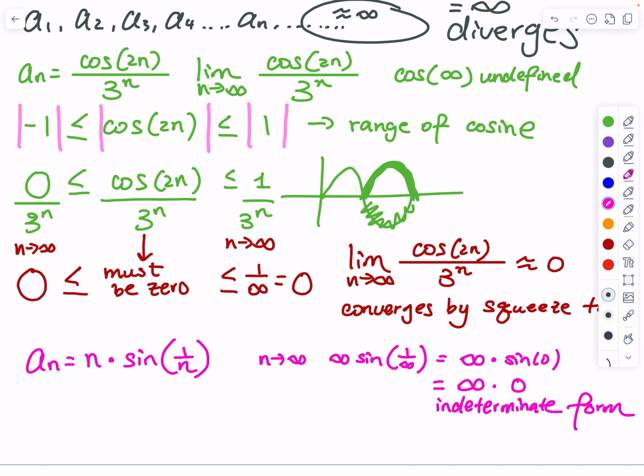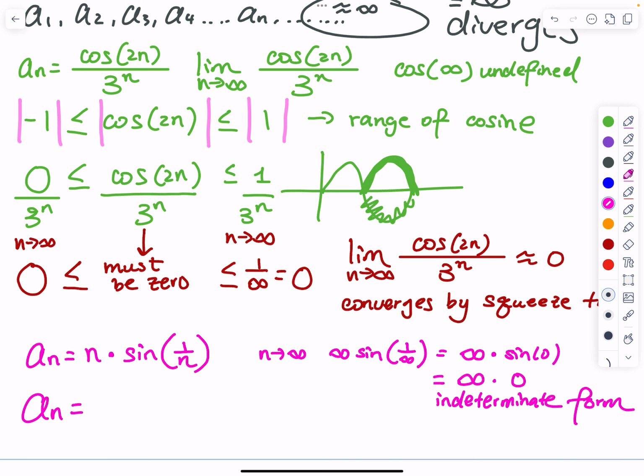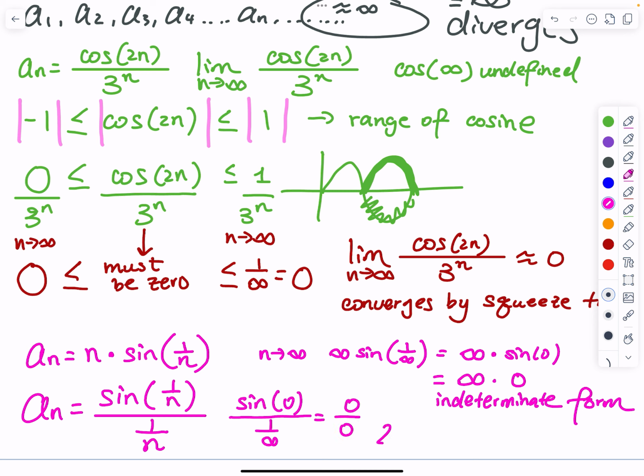We cannot use L'Hopital's rule right here directly, so we will need to rewrite the sequence a little bit. So a_n, how about this? I keep the sine in the numerator, and then I move n to the denominator as 1 over n. How's that? So this one will be sine 0, and this will be 1 over infinity. So we have 0 over 0, and then we can use L'Hopital.